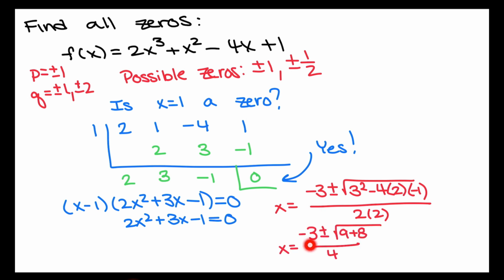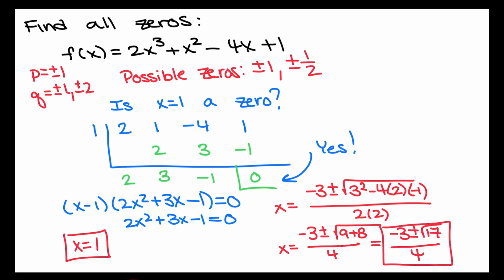That gives me negative 3 plus or minus the square root of 9, minus a minus becomes a plus, 4 times 2 times 1 is 8, all over 4, or negative 3 plus or minus root 17 over 4. So I have 3 zeros, x equals 1, x equals negative 3 plus root 17 over 4, and x equals negative 3 minus root 17 over 4.